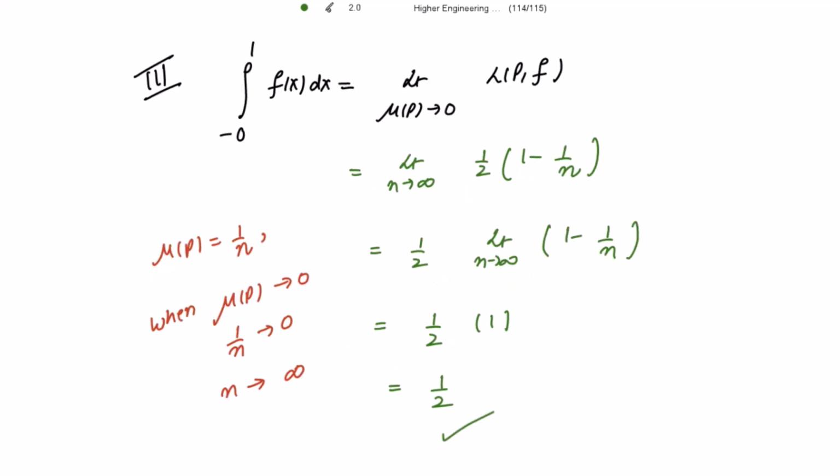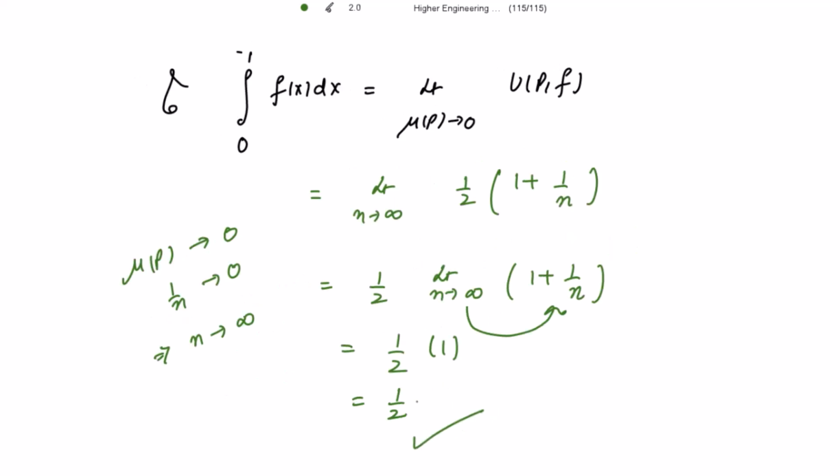So the lower Riemann integral is equal to the upper Riemann integral, right? Both the integrals are equal. That means f is Riemann integrable. Let me write this first: thus, the lower Riemann integral is equal to the upper Riemann integral, which is equal to 1 by 2.